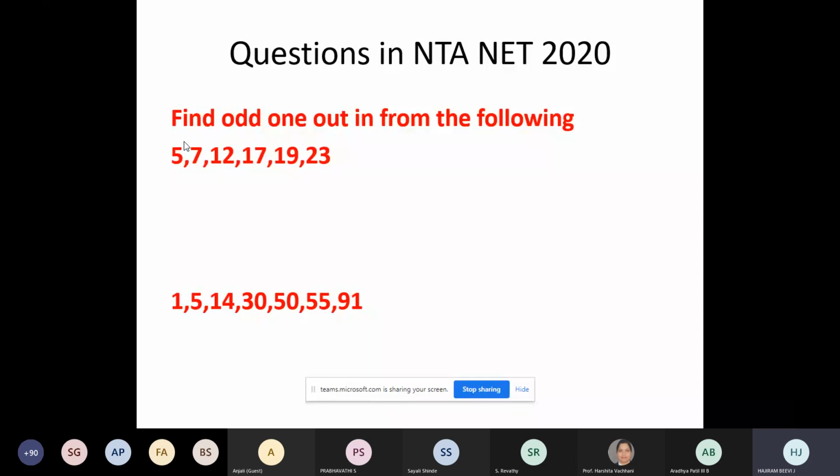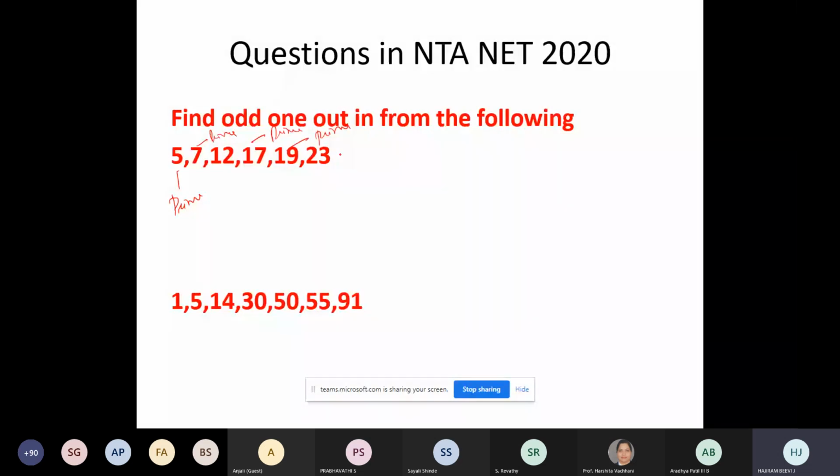Then the next one: find the odd one out from the following. 5, 7, 12, 17, 19, 23. So just look at the numbers. 5 is a prime number. 7 also prime. 17 is prime. 19 is prime.